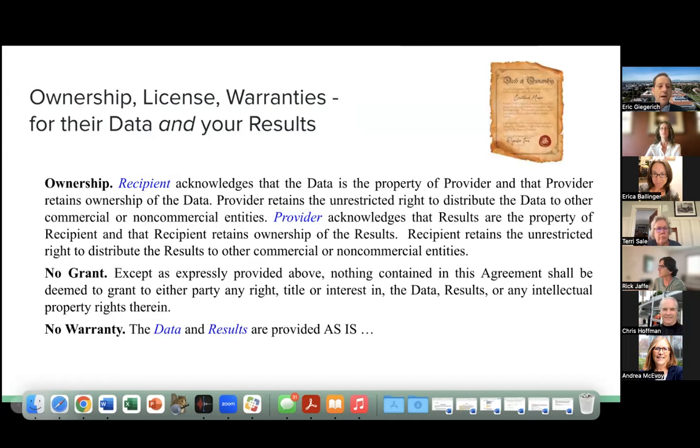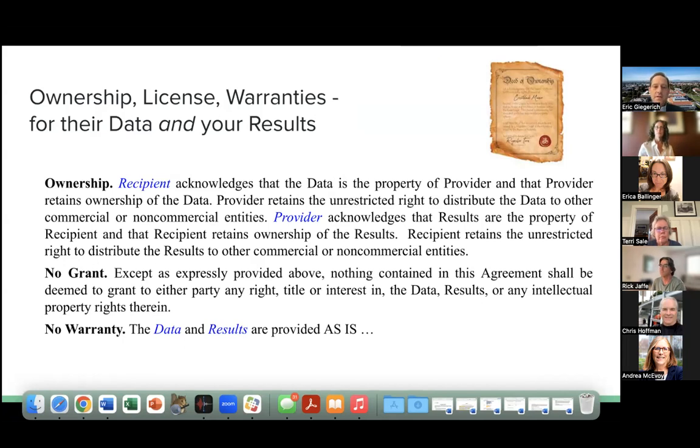Okay. Then there's not necessarily a section called this, but there are terms that relate to ownership, to license, to warranties. And I would distinguish between ownership, license, and warranties relating to the provider's data and relating to your results.